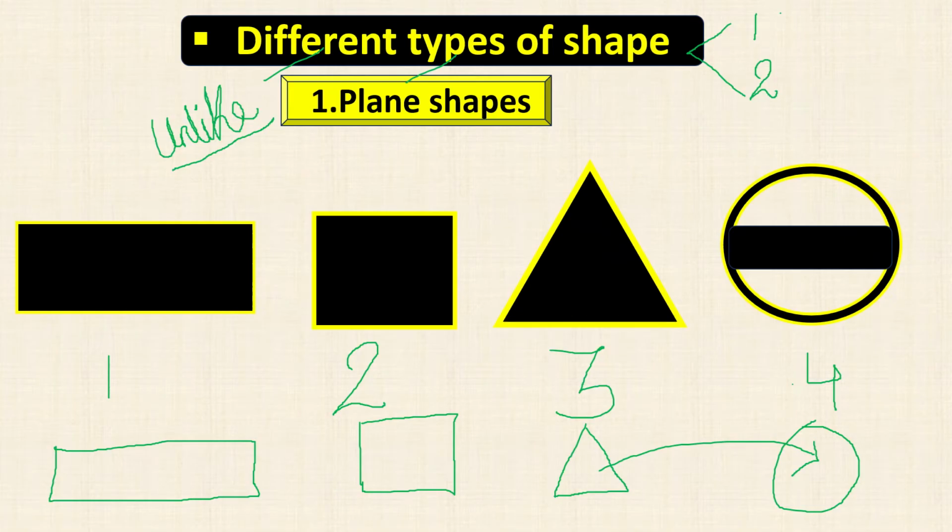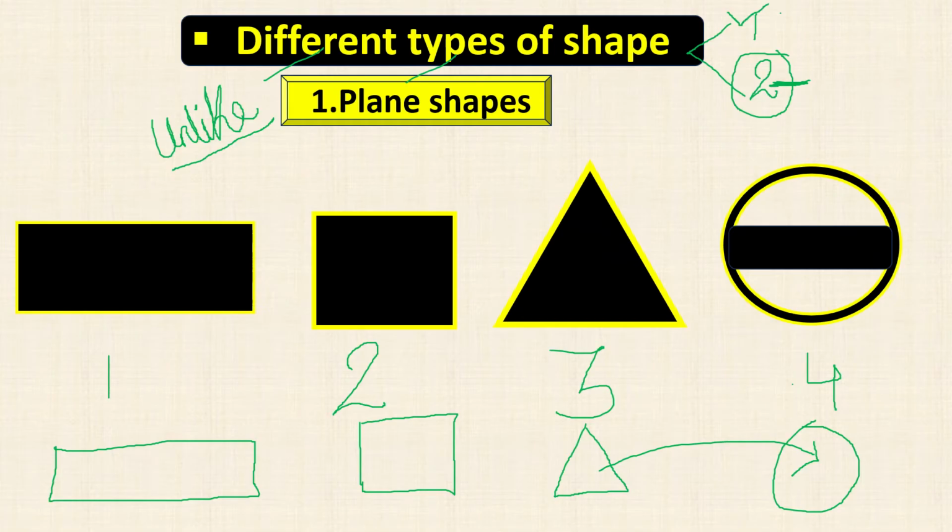The first type of shape is known as a plane shape, and the second one is a solid shape. I will explain it on the next page. Now I'm going to explain this one.